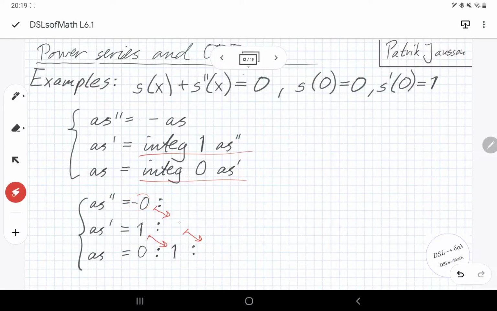So the minus 0 here divides by 1. Well, 0 becomes 0. So, I could write minus 0, but I keep it 0. And then actually we can move even one more step, because the 0 here will give us 0 divided by 2, which is just 0 down here.